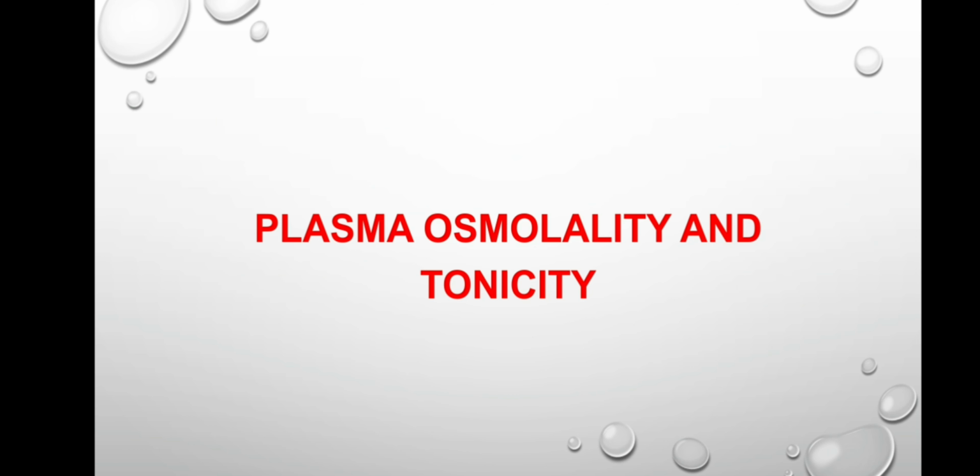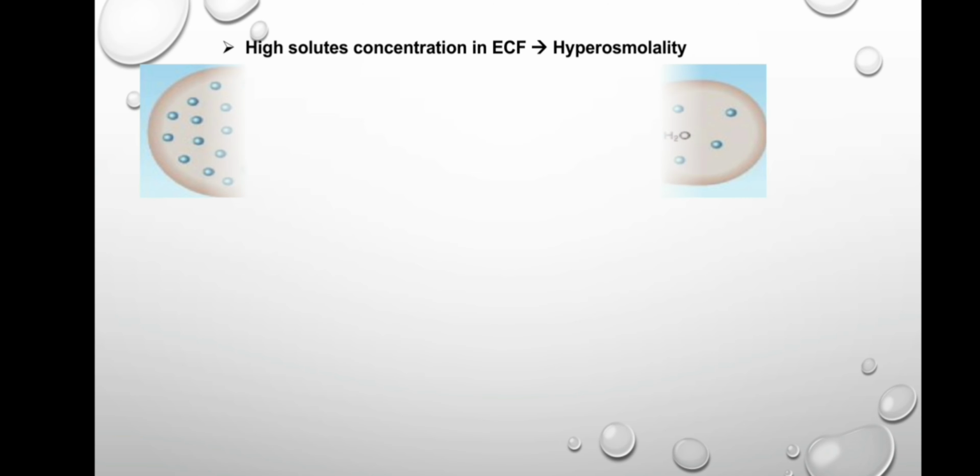So let's start. Plasma osmolality and tonicity. We discussed this point before, and I will give a rapid hint again on it. If there is a high solute concentration in the blood, this indicates hyperosmolarity, but not necessarily hypertonicity.